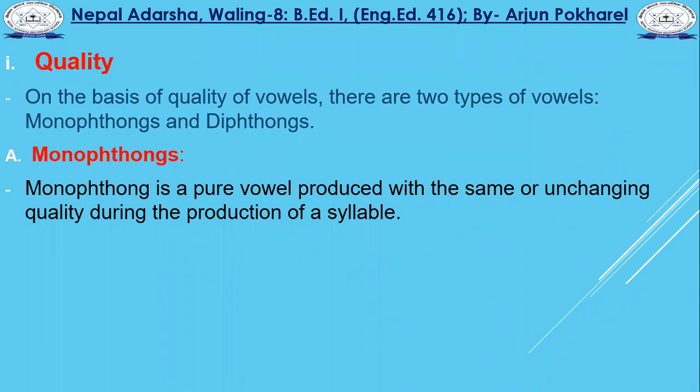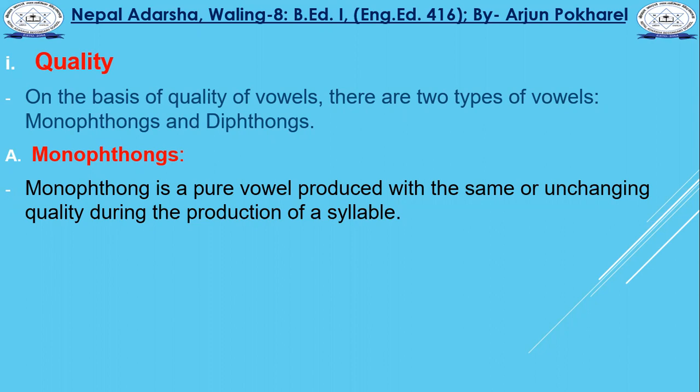A monophthong is a pure vowel produced with unchanging quality during the production of a syllable. It is the type of vowel which does not have a noticeable change in quality during its production.